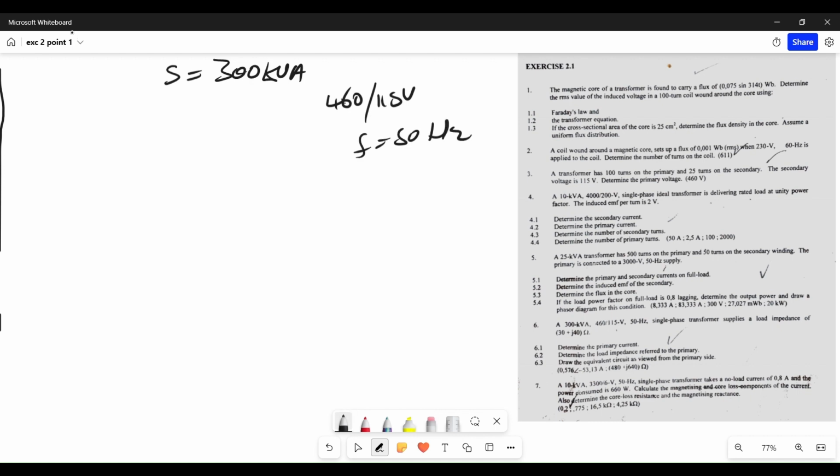This is single phase. ZL, the load, is 30 plus j40, this is in ohms.